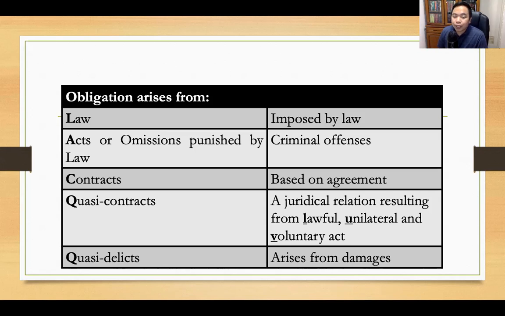To return the excess or to return the payment made by mistake. This is what you mean by a quasi-contract.